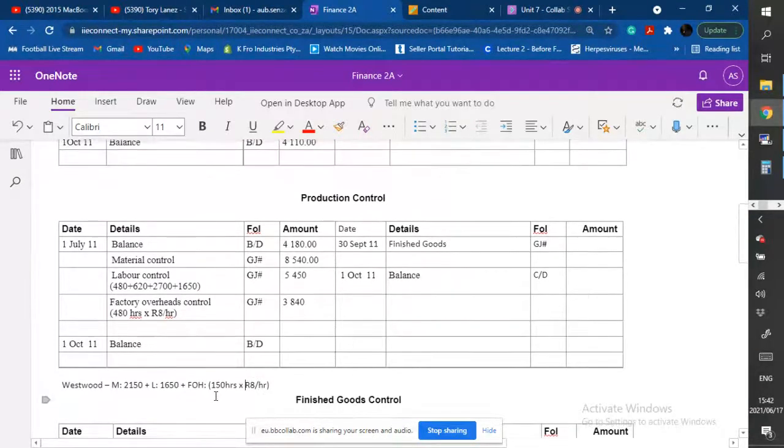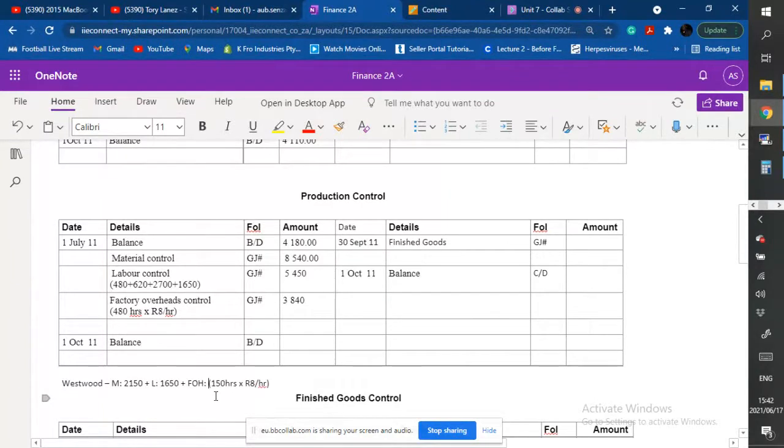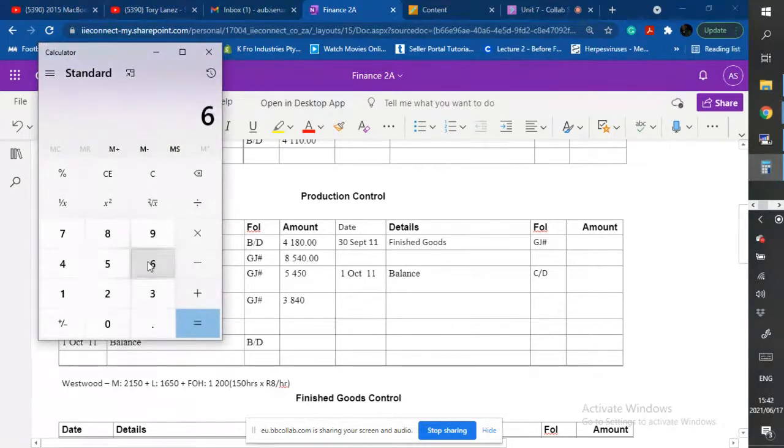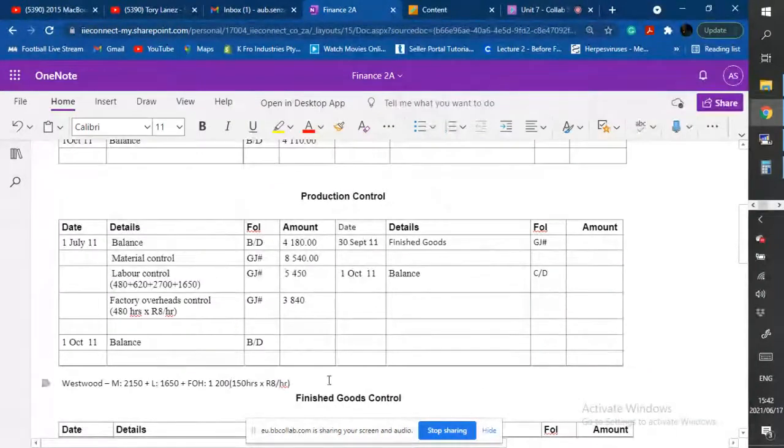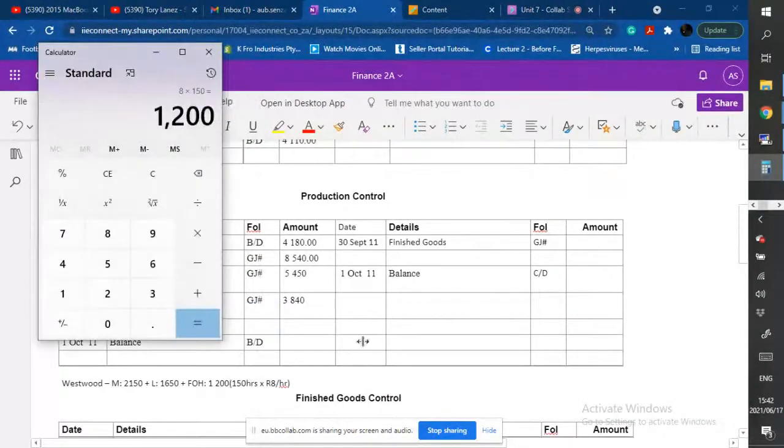Okay, right, so let's see here. This should be 1,200 if I'm not mistaken. Okay, let's quickly check that. 8 times 150. Okay, what do we get? 1,200. Okay, cool. But then we need to add all these up.